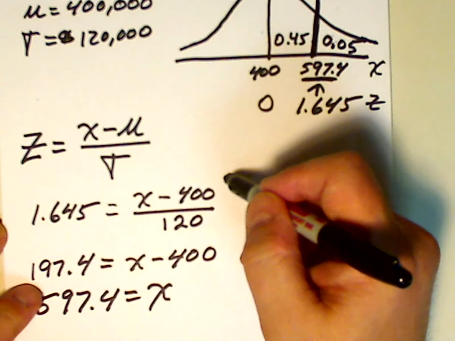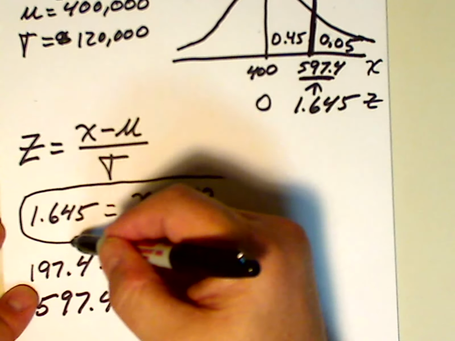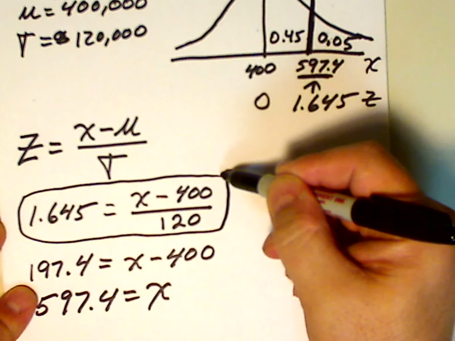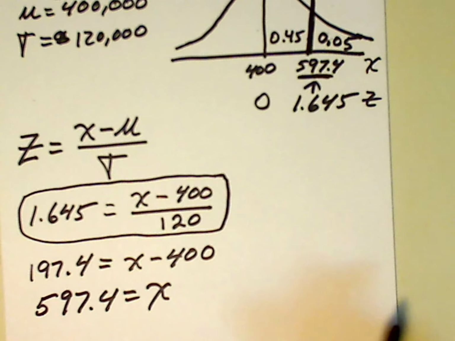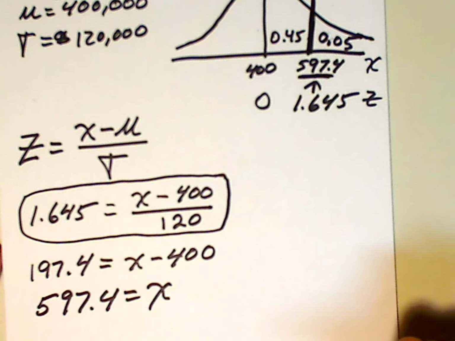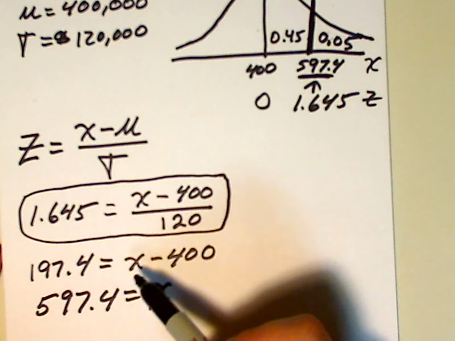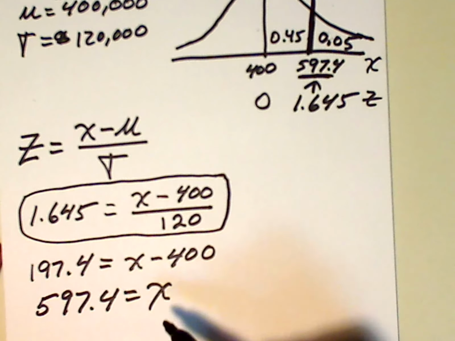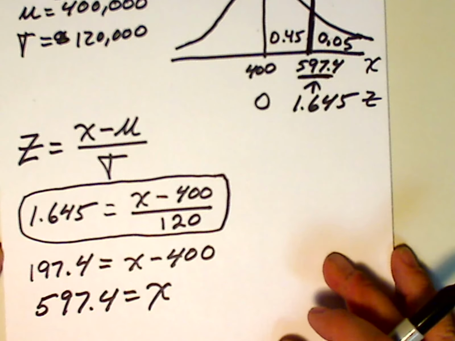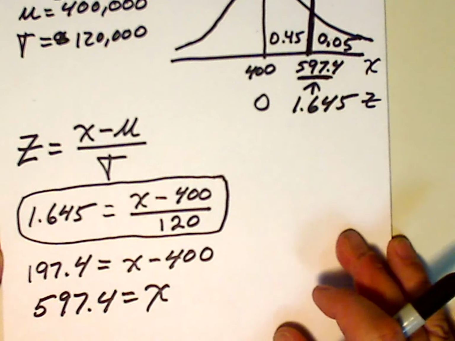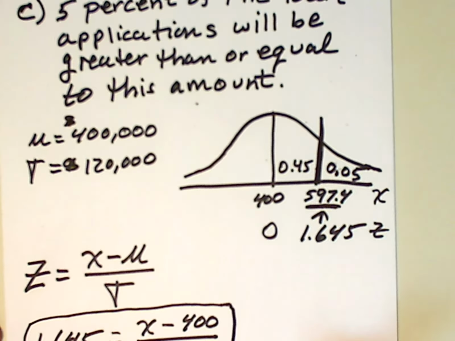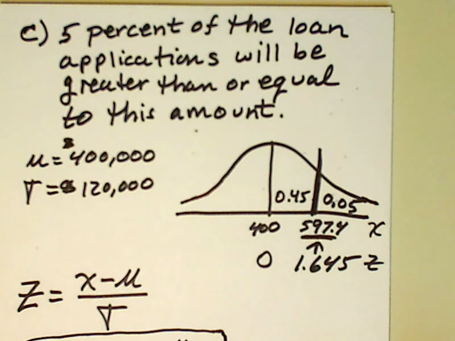And then that got us to this point. And from here on in, it's an elementary school algebra problem. We solved for x. We multiplied each side by 120, and then we added 400 to each side. We came up with 597.4, and that's the solution to this particular problem.